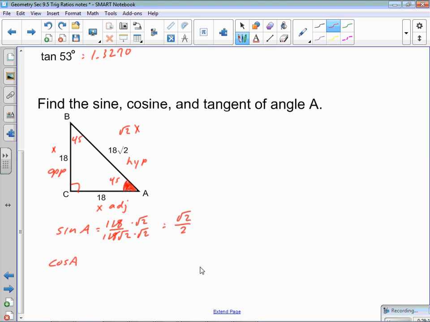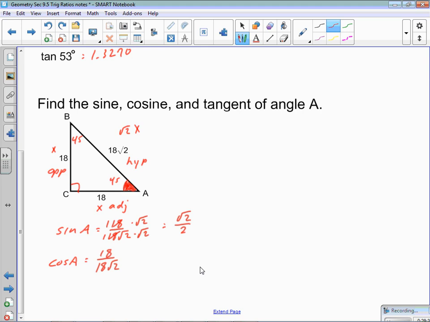Cosine of A. Cosine is the adjacent over the hypotenuse, which the adjacent side is CA, which is 18 over hypotenuse, which is 18 square roots of 2. So same exact thing as we got for sine, which should make sense because it's an isosceles triangle.